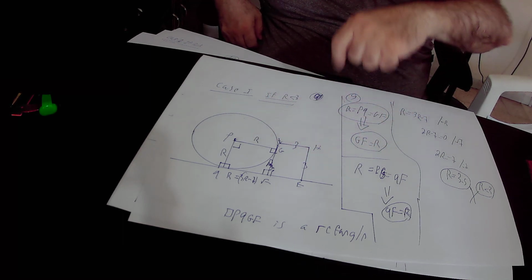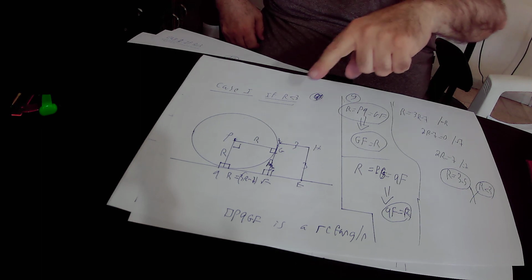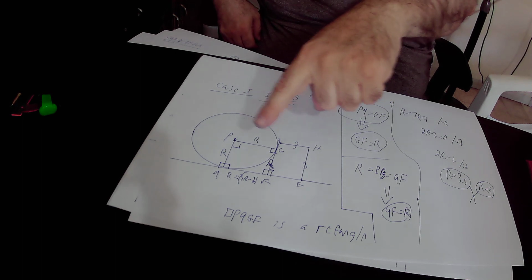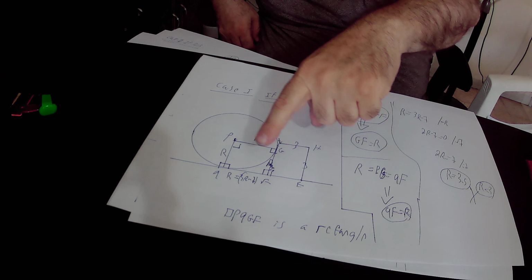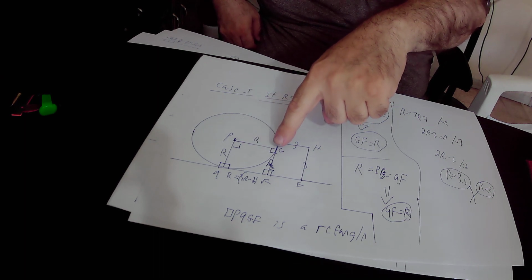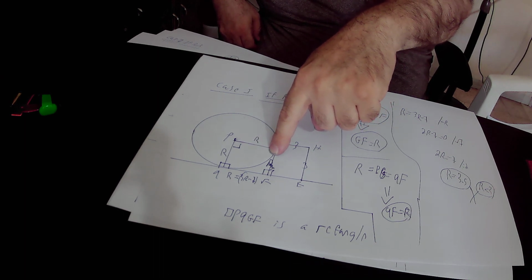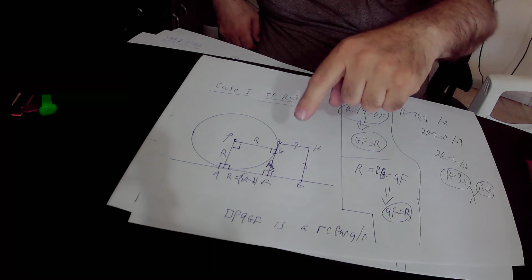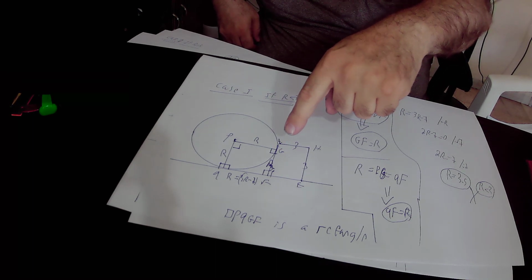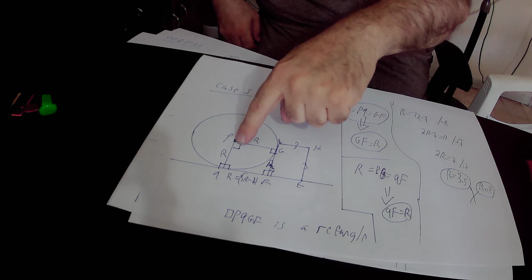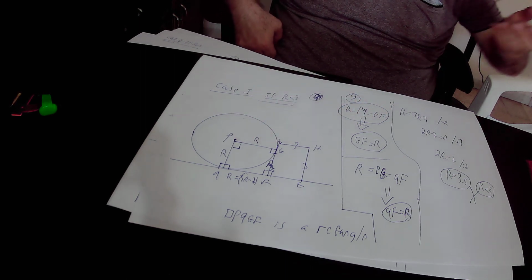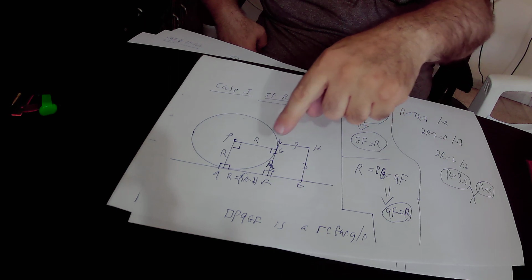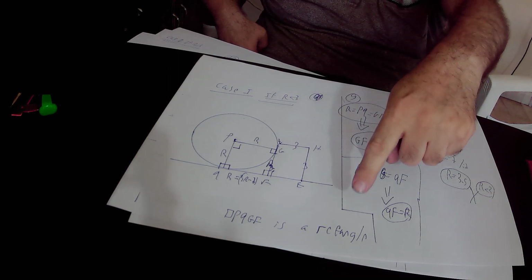So you can see here, in this quadrangle PGQC, we have 1, 2, 3 right angles. This again equals 90 degrees according to rule number 1. So in quadrangle PGQC, we have 3 right angles, therefore the fourth angle must also be equal to 90 degrees. Therefore in quadrangle PGQC, we have 4 right angles, therefore it is a rectangle.